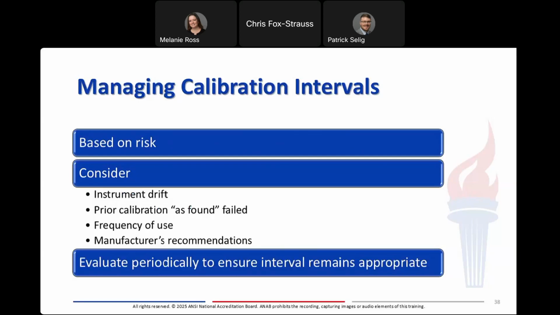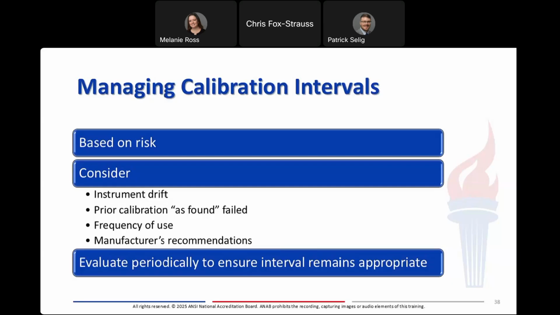One thing to consider as well is managing the calibration intervals. The intervals between one calibration and the next should be based on risk. Things to consider are drift of the instrument, if there was a prior calibration that was failed as found, the frequency of use of the equipment, and any manufacturer's recommendations.